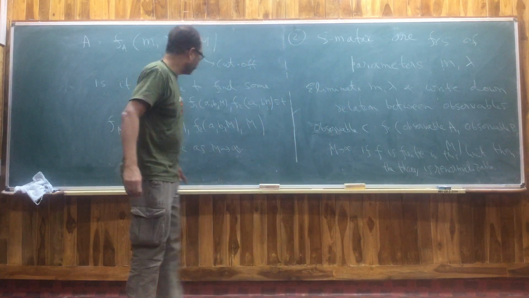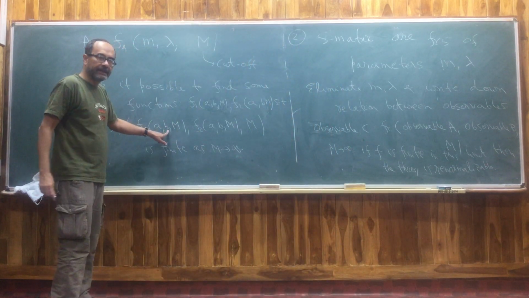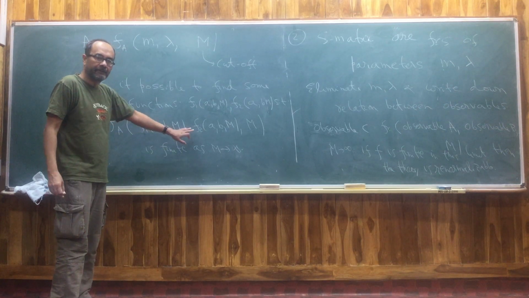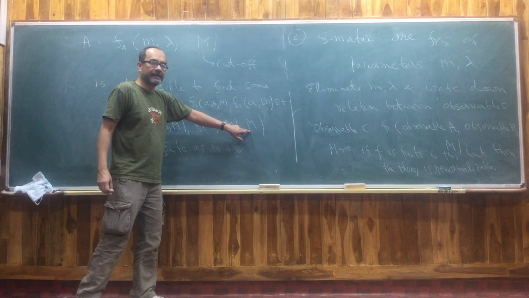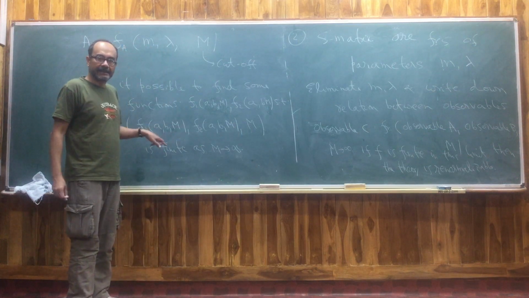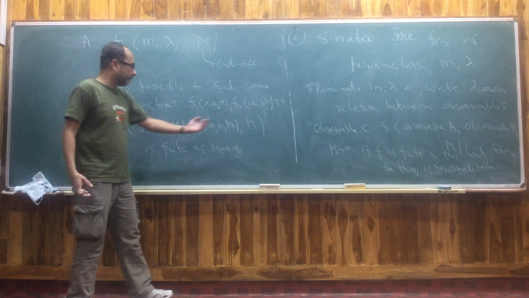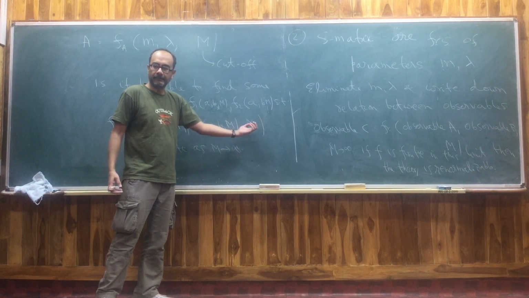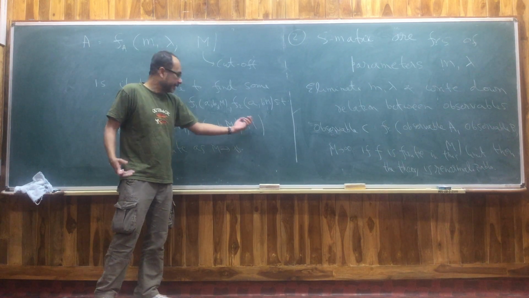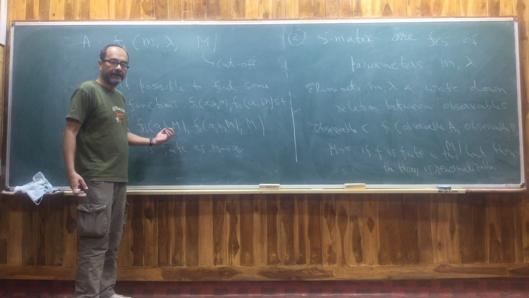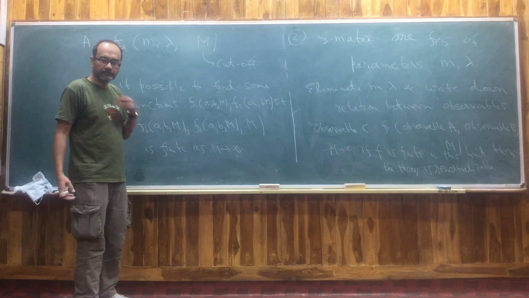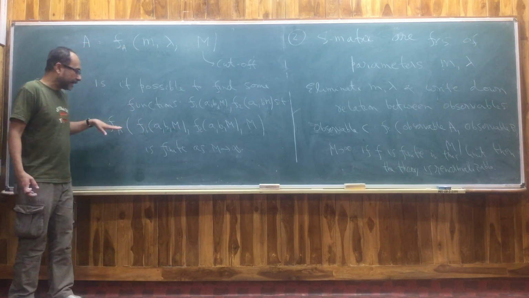Yes, f1 and f2 will go to infinity. If you keep a and b fixed and take capital M to infinity, unless these go to infinity, you cannot cancel the divergences. We are basically cancelling the original divergence that was there because m was going to infinity. If there is some log M term in this, we have to cancel it off by some minus log M term coming from here.